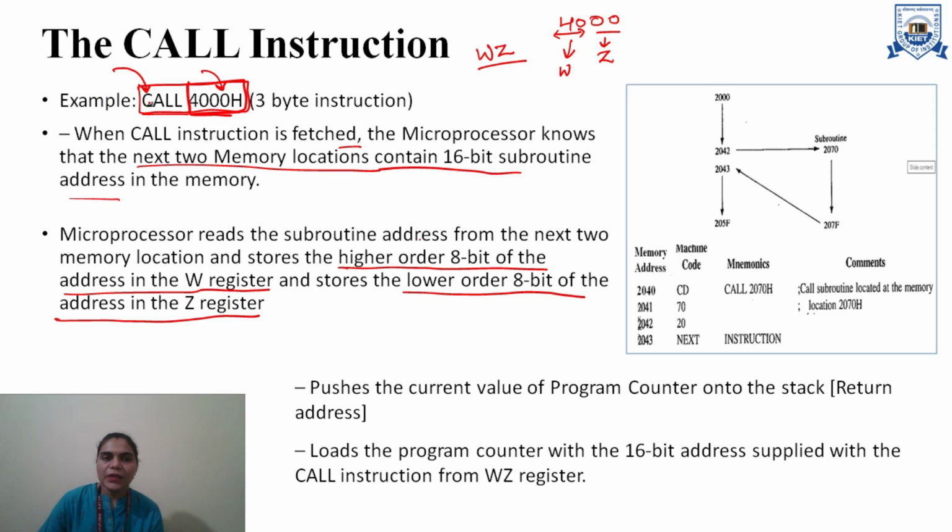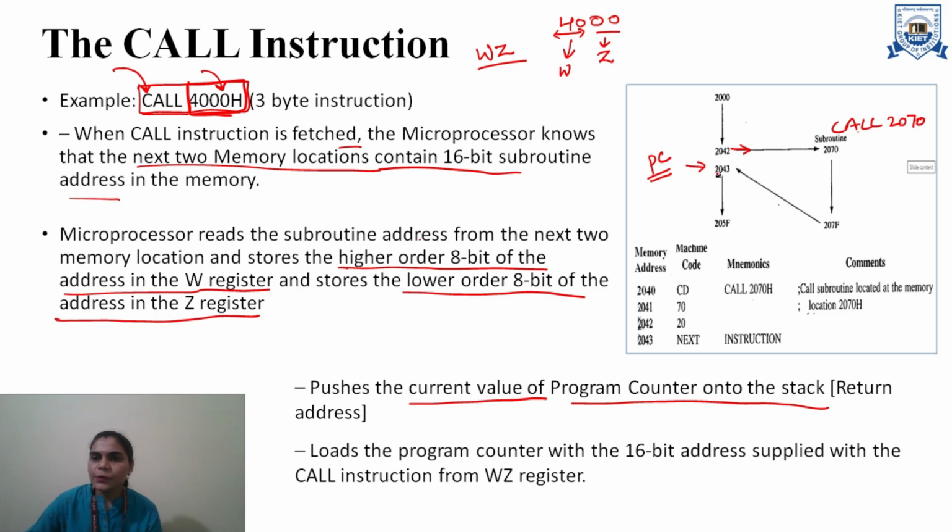Once the subroutine call is made, the processor pushes the current value of the program counter on the stack. For example, here the subroutine is called: call 2070. So the program counter is pointing at this time to location 2043 and this location will be inserted into the stack, and the processor loads the program counter with the 16-bit address of the subroutine which is stored in WZ register.